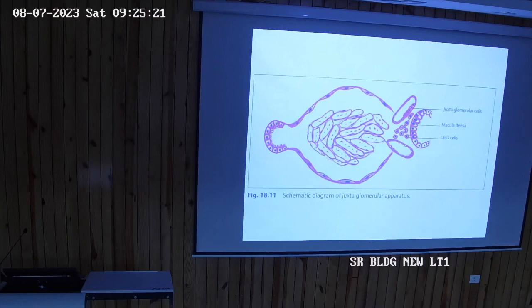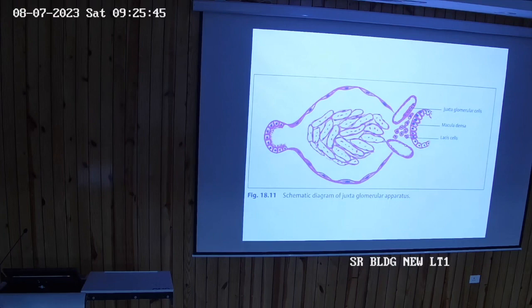Listen carefully. You can see here, can you see? See the diagram. This is lined by cuboidal epithelial cells. But the part of the distal convoluted tubule which is close to the afferent arteriole, the cells are columnar. Have you noticed this difference?